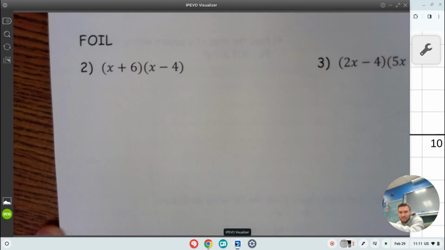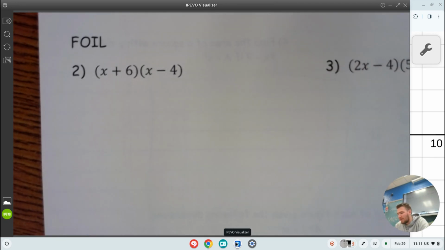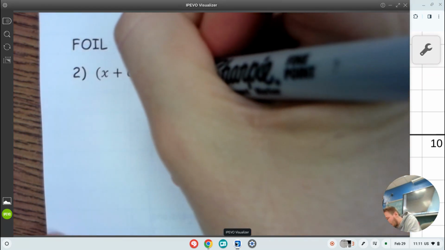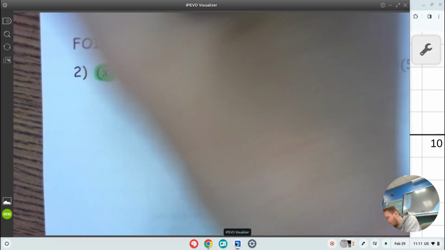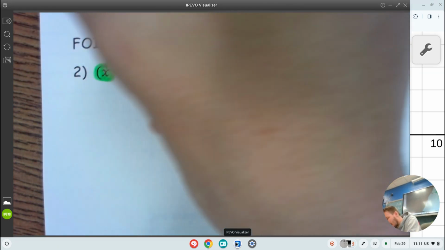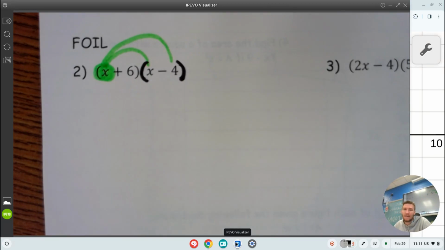Number 2. The way we're going to think about this is we're going to think about these parentheses and 1 from the first parentheses, and we're going to distribute like that. Now, when we do this, we're going to get small, simple, easy numbers, small, simple, easy letters.